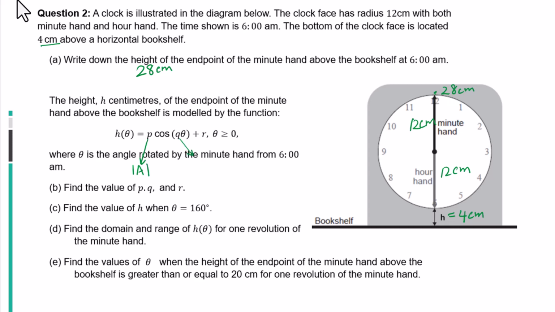Q is dealing with the period, so Q equals 360 over period. This R is the midline. We need to draw the midline first.